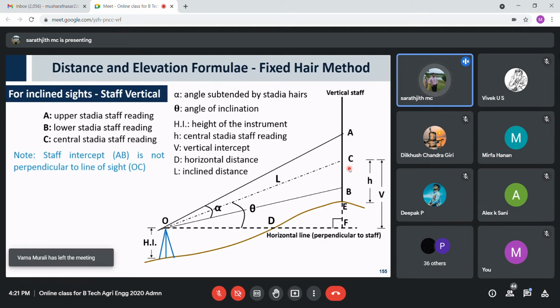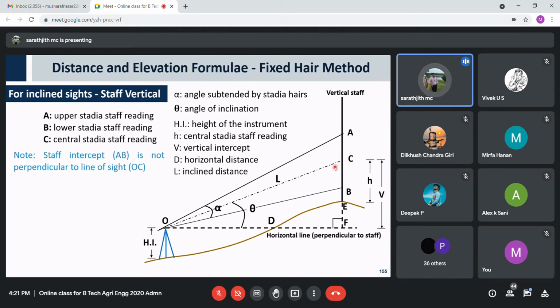We want AB to be perpendicular to OC, because only then will our principles work and give the right measurement. But in this particular case, it is not at right angles to OC.